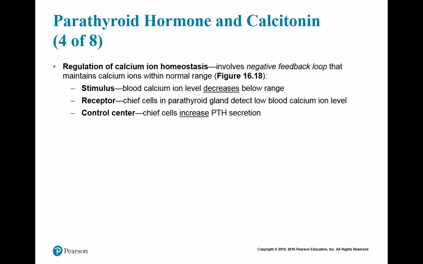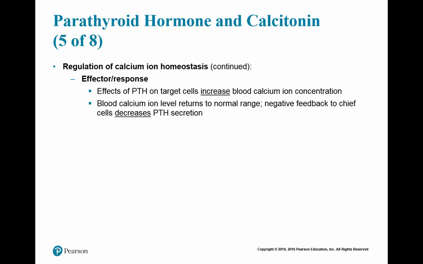So it is going to involve a negative feedback loop to regulate your calcium ion homeostasis. The stimulus would be a decrease in your calcium ion levels in your blood. The chief cells in the parathyroid gland are the receptors that detect this low blood calcium ion level, and they will then work as the control center to increase your PTH production.